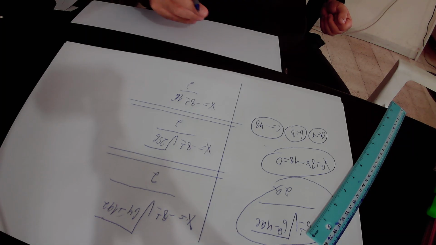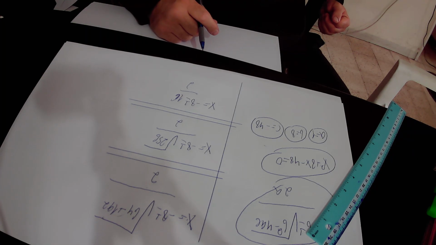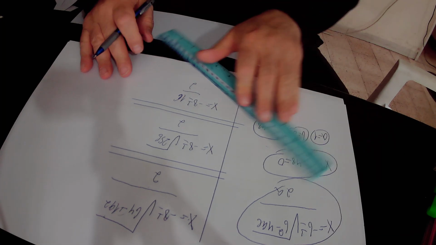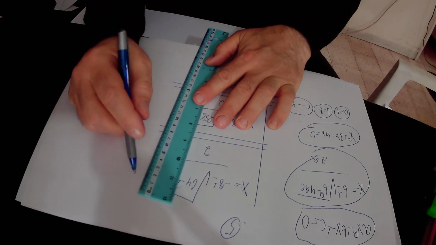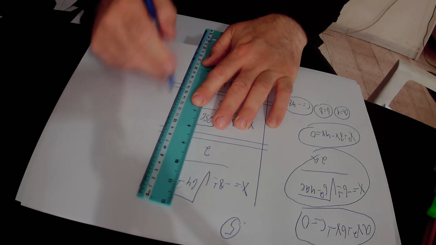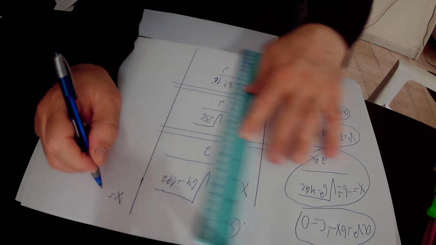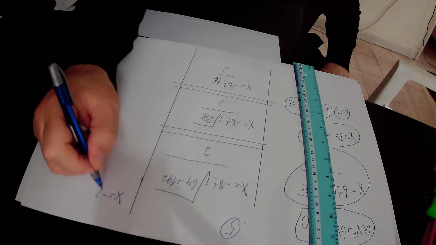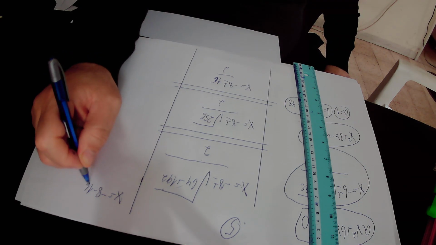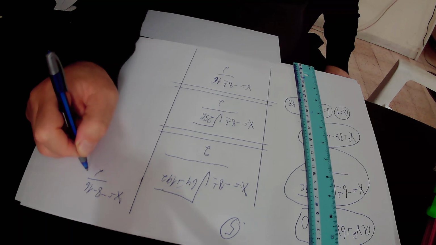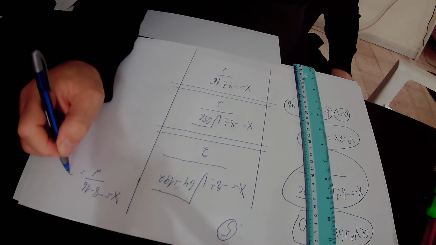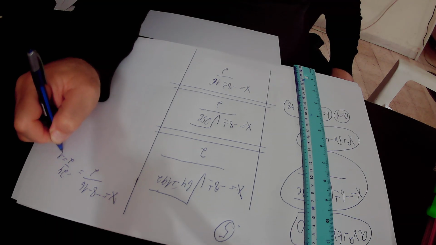So here we have two possible solutions for x. The first solution for x is that x equals minus 8 minus 16 over 2. Minus 8 minus 16 is minus 24, and minus 24 over 2 is minus 12.